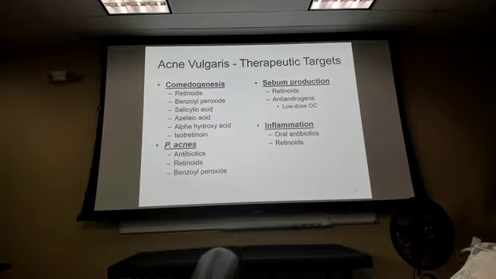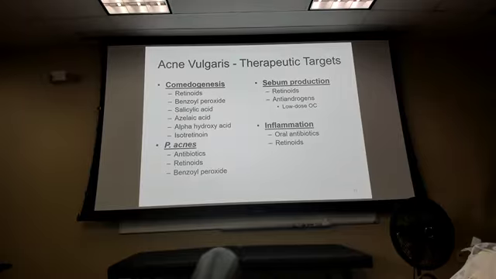So that's isotretinoin. Okay. If we get some of that bacterial stuff, of course, number one, we've got to start some of the antibiotics. We can use some of the benzoyl peroxide and we can use some of the retinoids. Sebum production, retinoids, we can get into some of the anti-androgens, so low dose of an OC.